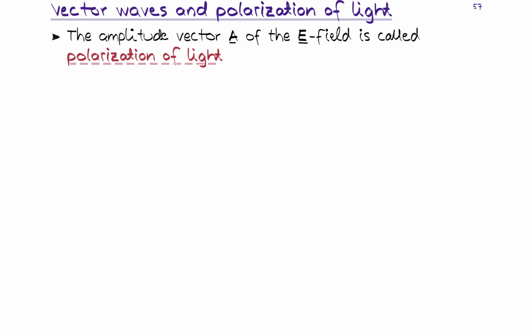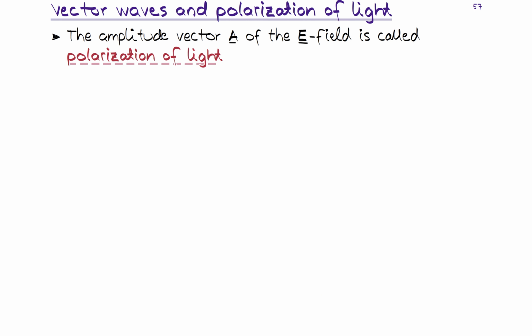Like I said, the motivation for this generalization of the math comes from the fact that light is transverse electromagnetic radiation, and somehow it can oscillate along different directions. This is how nature works, this is the electromagnetic radiation that we have, and subsequently the math should follow. So definitely we must be able to describe polarization of light somehow.